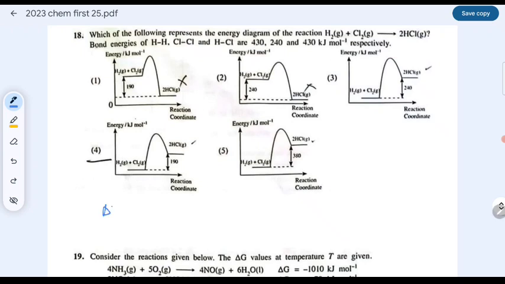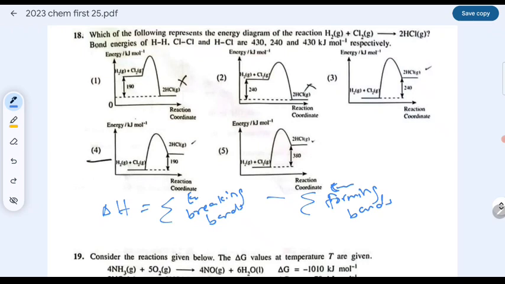Delta H equals sigma enthalpy of breaking bonds minus sigma enthalpy of forming bonds.